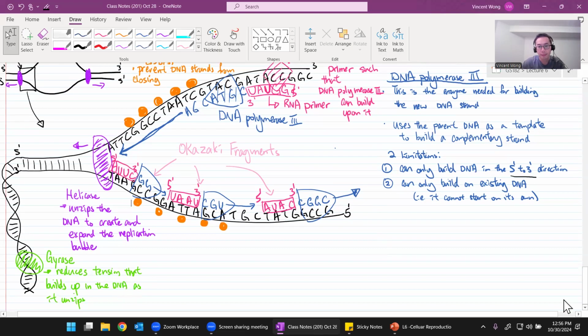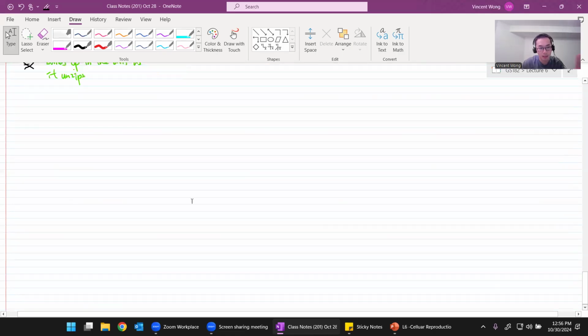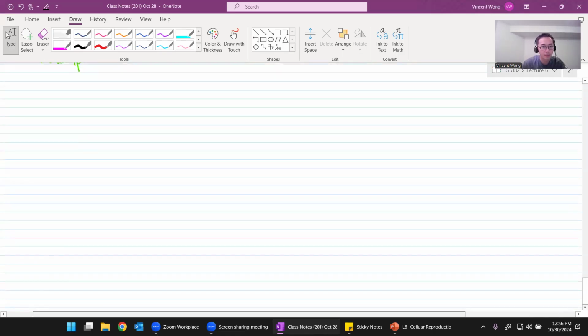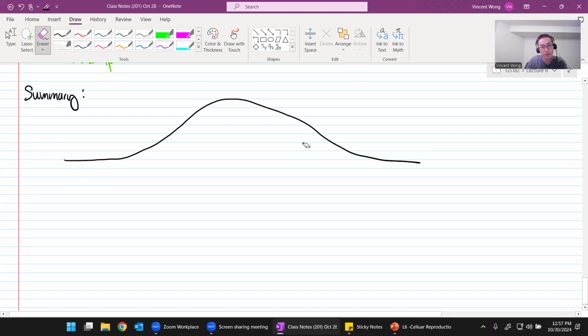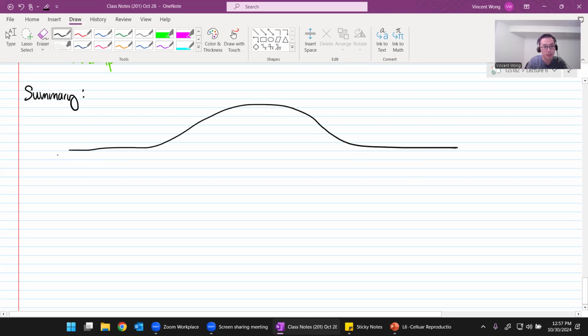All right. Let's start a brand new diagram to see how this actually works in a more simplistic way. Summary. I need you to have a bubble, because so far we have just been looking at the fork, one side.